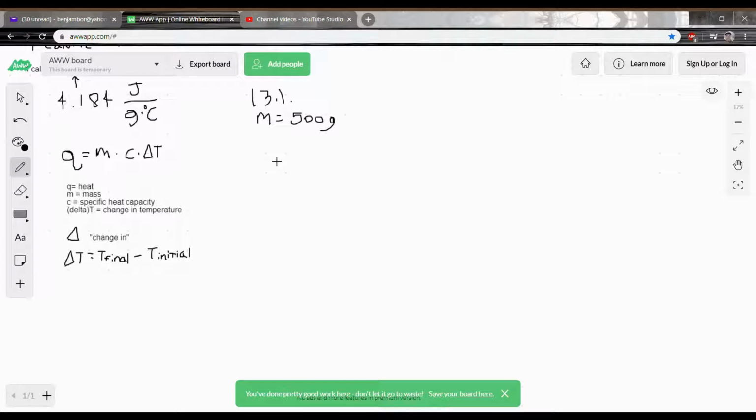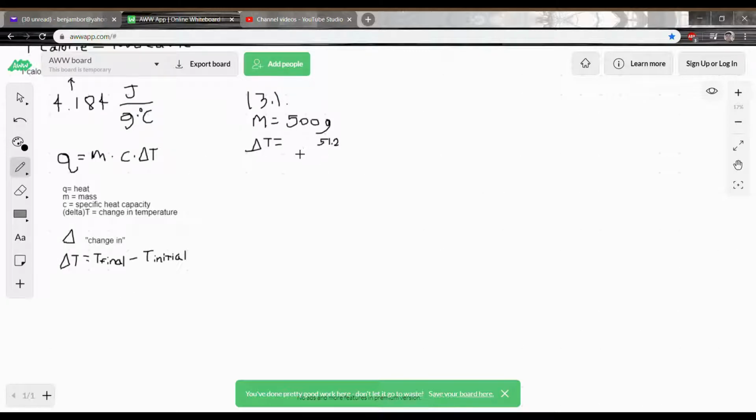We're given a beginning temperature and an ending temperature. The initial temperature was 51.2. Now we don't have to convert to Kelvin, and we'll understand why in a minute. The ending temperature was 25 degrees Celsius, giving us, I'm sorry, an alarm is going off, giving us a temperature change of negative 26.2.